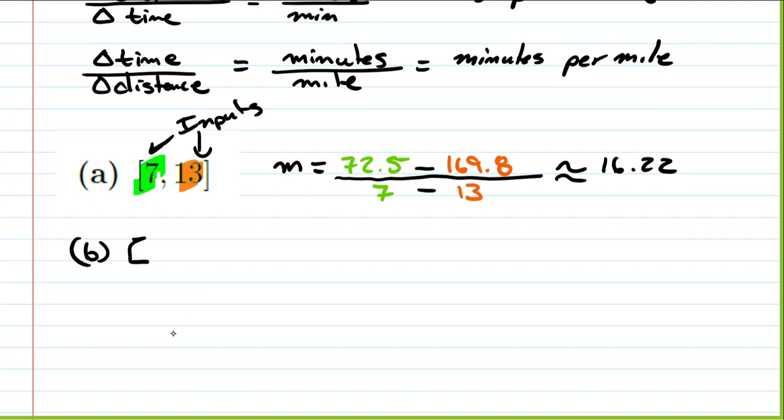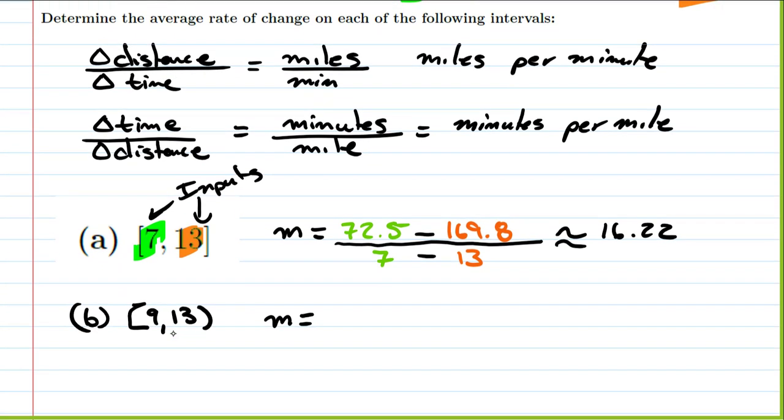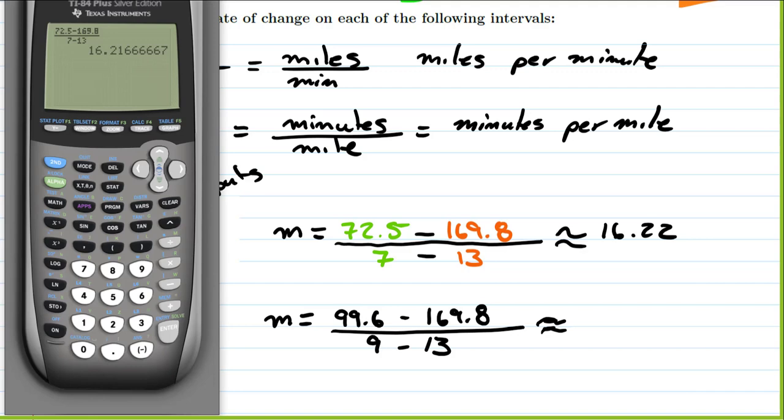All right, so let's take a look at B. B has the interval 9 and 13. So then our slope M, this time we look at 9, we're going to have 99.6 minus 169.8 all over 9 minus 13, and we put that into our calculator.